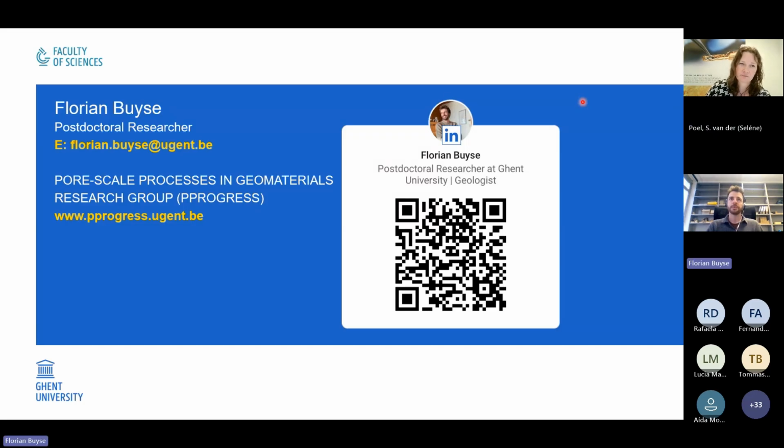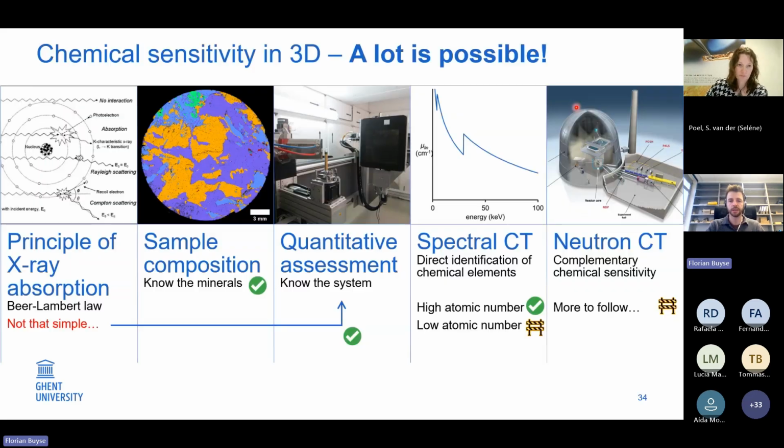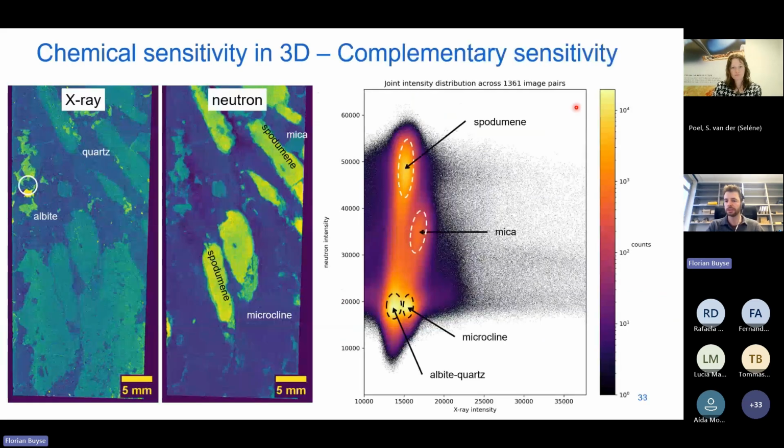Yeah, so the most useful one is, maybe I go back, it is the example of the neutron CT, but this can be similar for the spectral CT. You can plot different ranges, let's say low energies on the y-axis and high energies on the x-axis. You will see more of a line from your zero point to the high points.